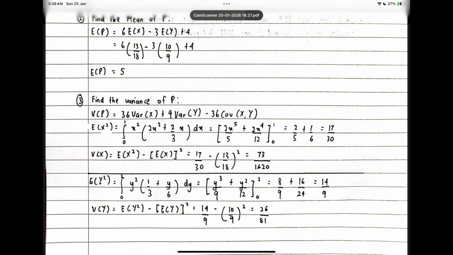For the last step, we need to find the variance of P. But before that, we need to find E(x squared), E(y squared), and E(xy) using the PDFs, since the variance of P requires the covariance of x and y.